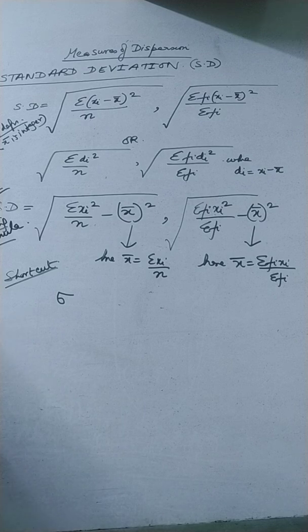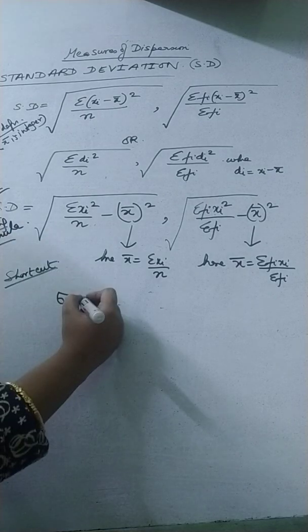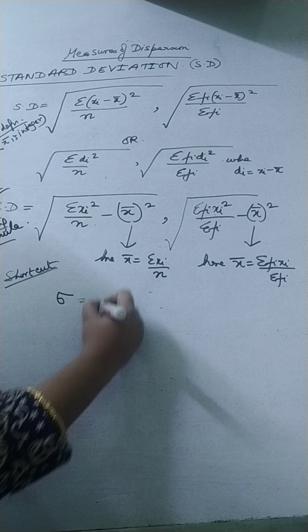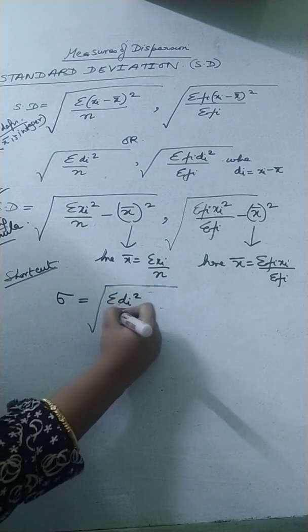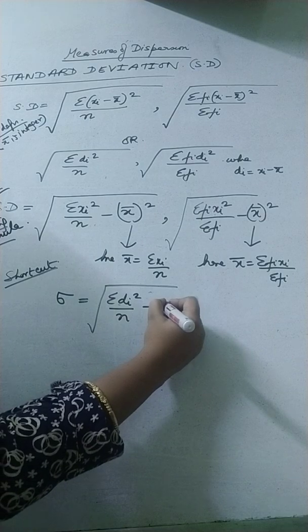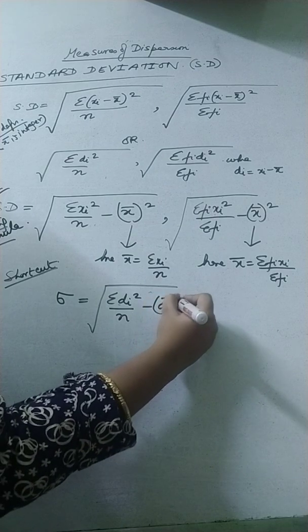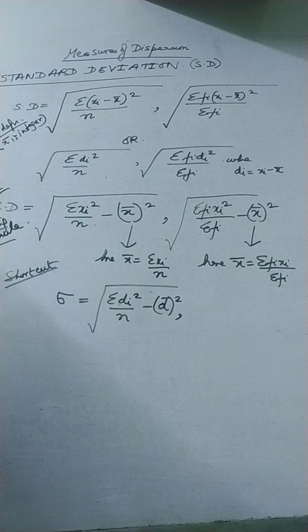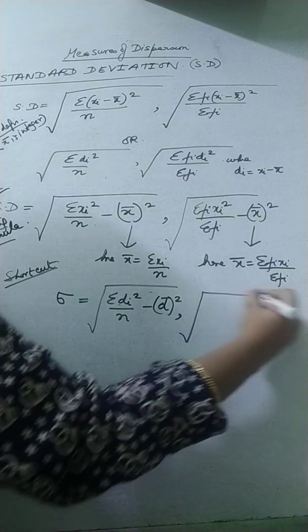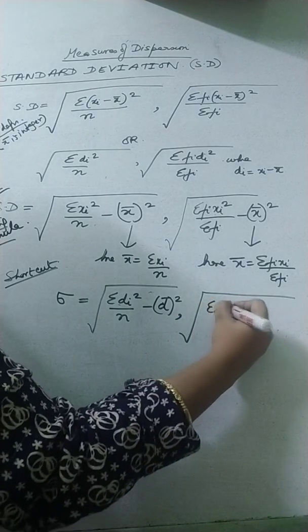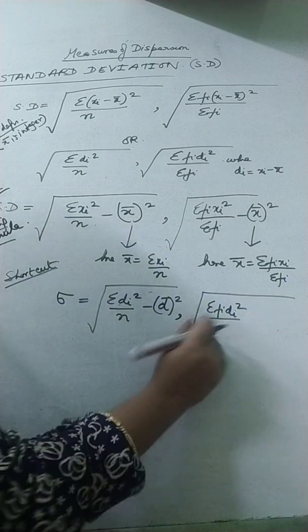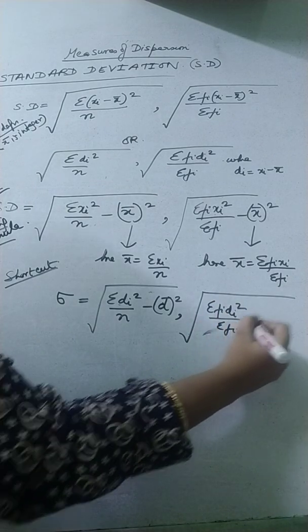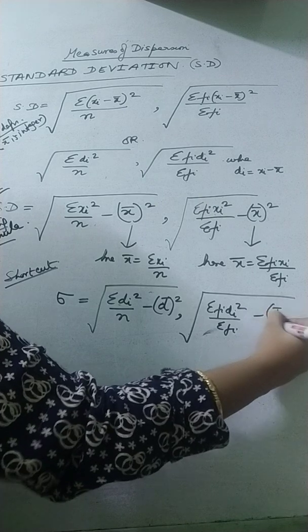So there is an alternative formula also, that is sigma is equal to root over of summation di square by n minus d bar whole square if frequencies are not associated, and you have root over of summation fi di square by summation fi minus d bar whole square.